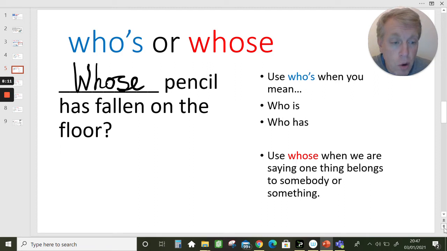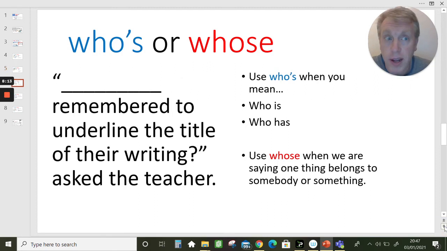Well, we've got two more, and then I'll show you your work, and you can be getting on with it. Right, who's remembered to underline the title of their writing? Asked the teacher. We always try to underline the title. Who's remembered to underline the title? Does it mean who is remembered? No. Who has remembered?